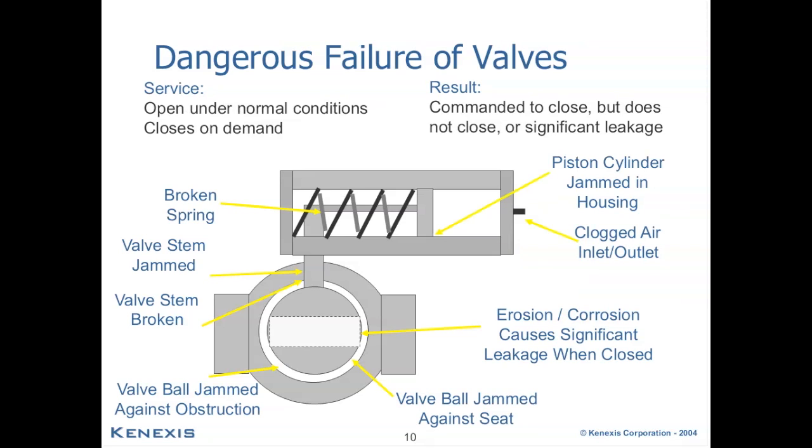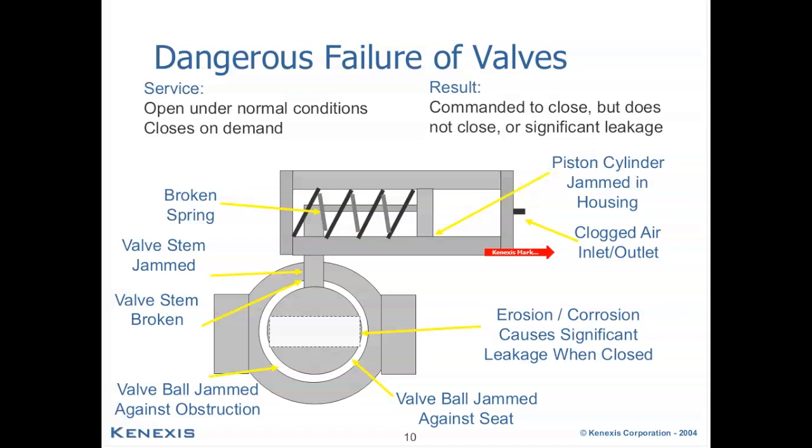For the dangerous failures, again, the valve is in the same service, but now the result is that the valve is commanded to close, but it either does not close or there is significant leakage. In that case, the valve failed to perform its safety function. Well, now how can this occur? There are a number of reasons. You can have the piston jamming on the cylinder and not moving after you let the air out.